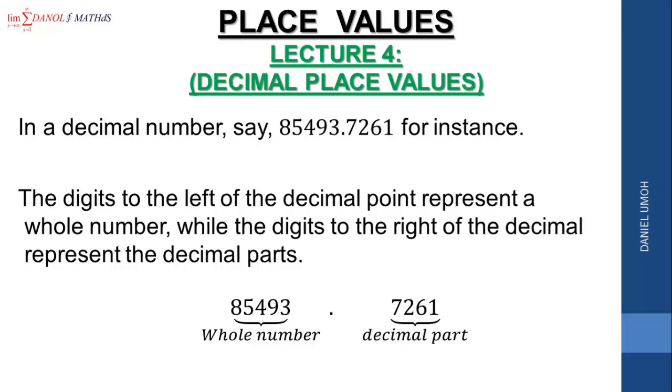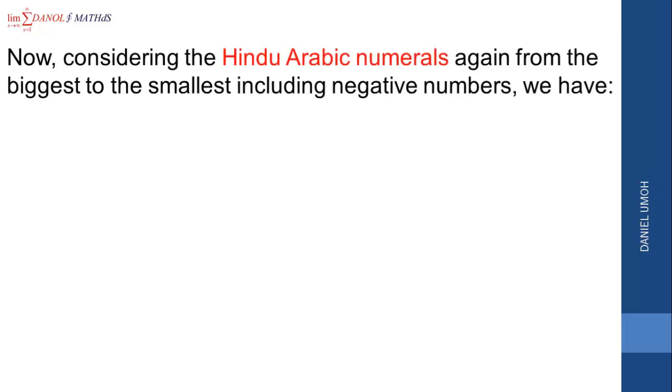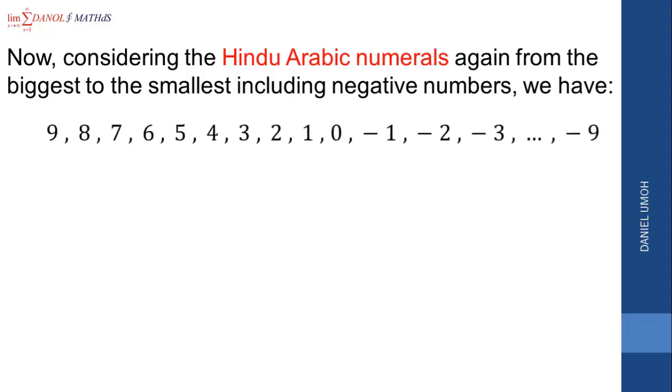Okay, now let's look at how we can bring out the place value system of a decimal number. Let's consider the Hindu-Arabic numerals again, from the biggest to the smallest. But this time around, we shall be including the negative numbers. So this is what we mean: 9876543210. Then we now enter into the negative side: -1, -2, -3, -4, -5, -6, -7, -8, -9.